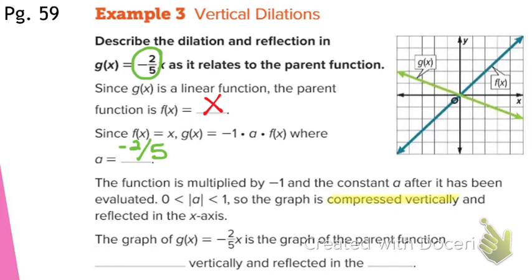So it compressed vertically and it reflected down. So what are my two transformations? We're going to say it compressed, and it's harder to see that when it's a straight line. And it also reflected in the x-axis.